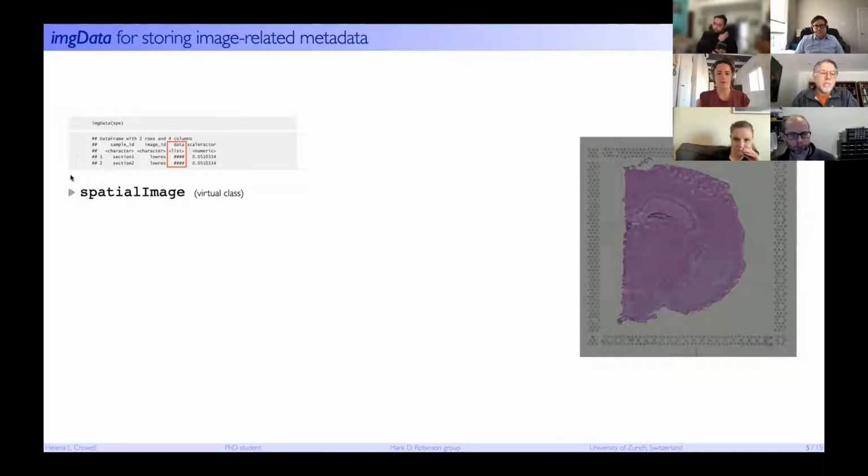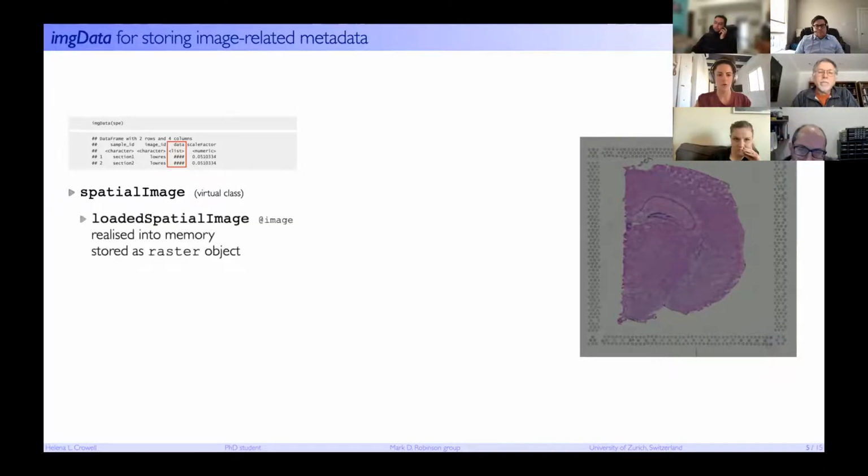And for that, we provide the SpatialImage class, which in itself is virtual, meaning it is empty. And from that, we have three subclasses. First of all, the LoadedSpatialImage class that is really realized into memory. And the image is here stored as a raster object, which is simply a matrix where every row and column is a pixel, and the entries specify a coloring.